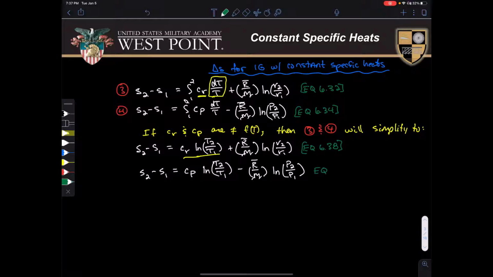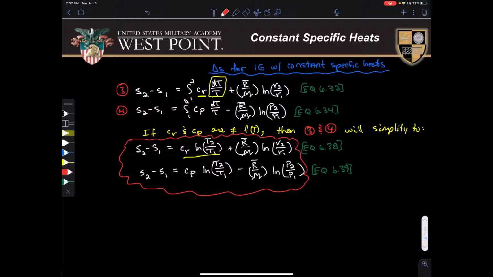And this is equation 6.39 in your textbook. And these are getting the red cloud of importance. Please understand how we got to these forms of the equation. And for further reference, we'll say it's equation 5 and equation 6, respectively.